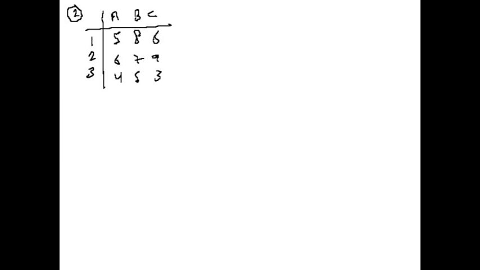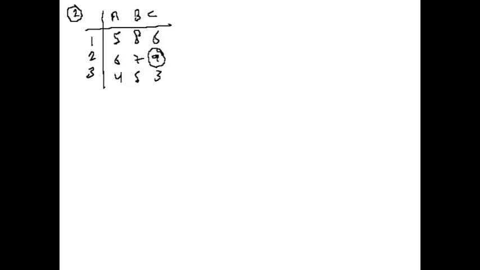So this is what was given: ABC, 3 jobs, and 1, 2, 3, 3 workers. The data was 586, 679, 453. So what we do is we identify the maximum value and then subtract each number from that maximum value.